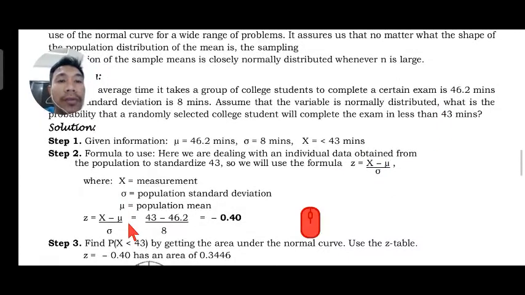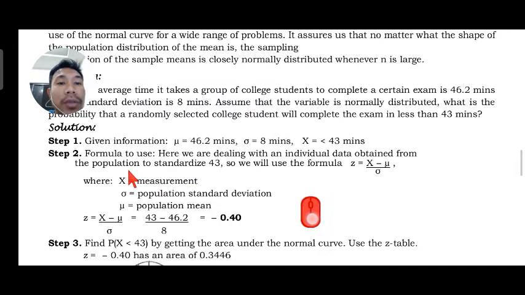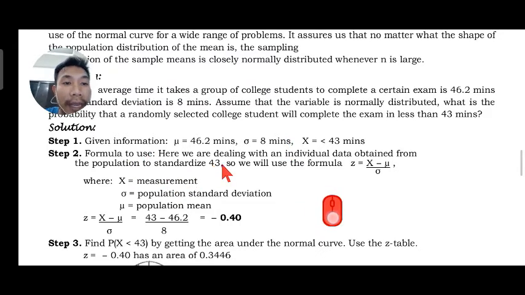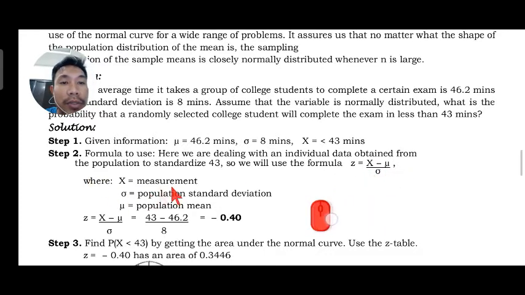Okay. Formula to use. So, here we are dealing with the individual data obtained from the population to be standardized, 43. So, we use the formula to find the z-score. So, our z-score is equal to x minus the population mean over the population standard deviation, where x is the measurement.